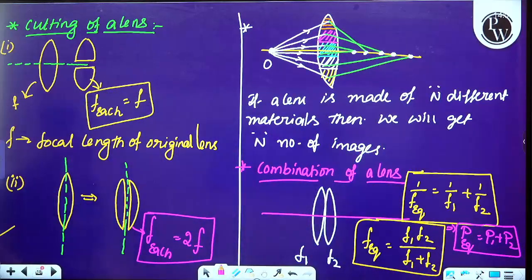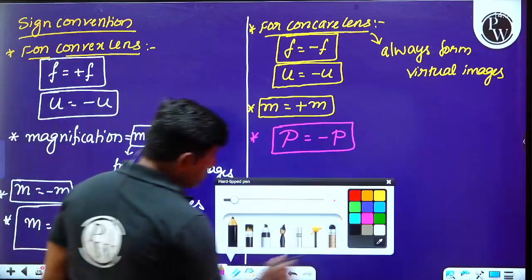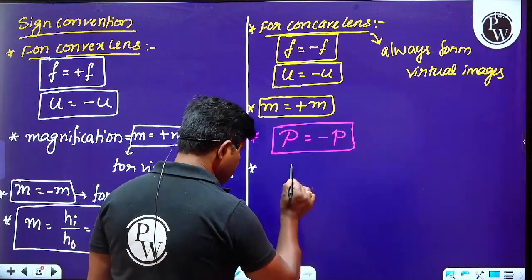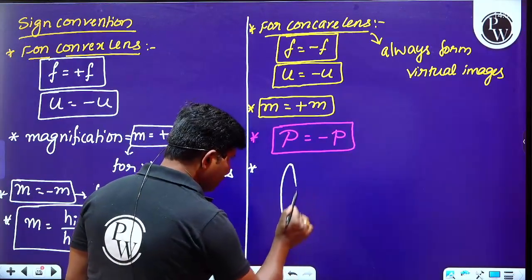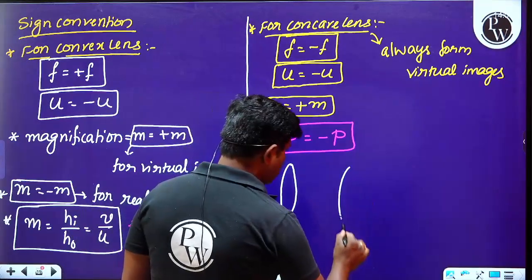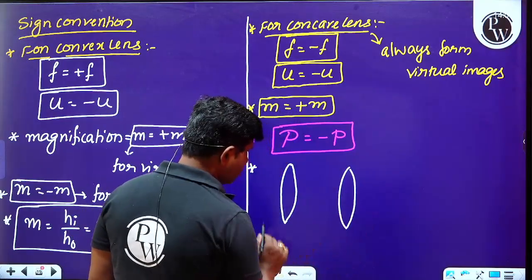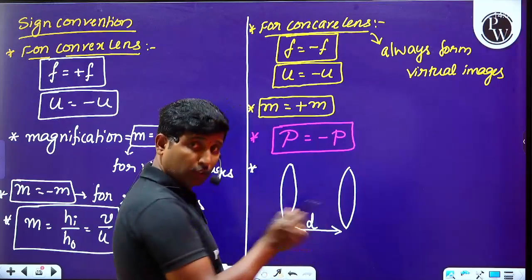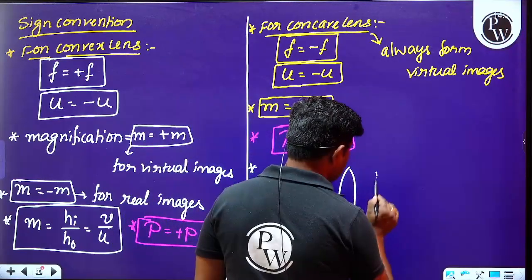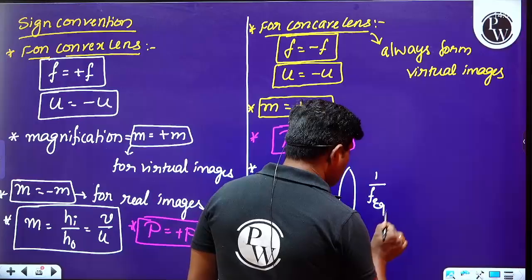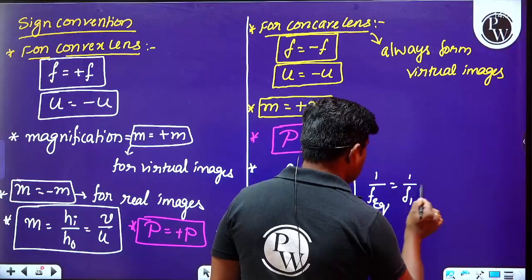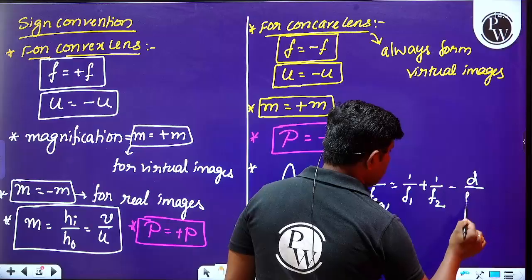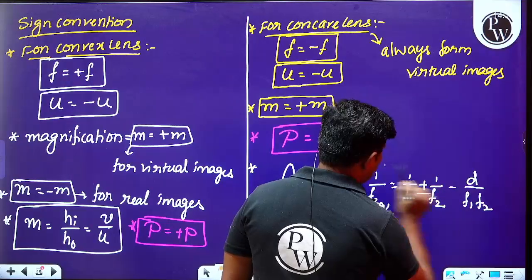Now let us understand, if the two lenses are placed or separated at some distance, if D is the separation between the two thin lenses, then we can write 1 by F equivalent is equal to 1 by F1 plus 1 by F2 minus D divided by F1 into F2.